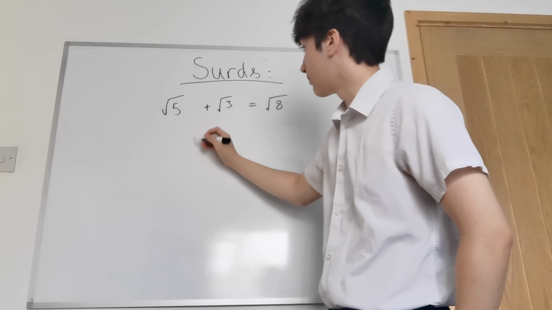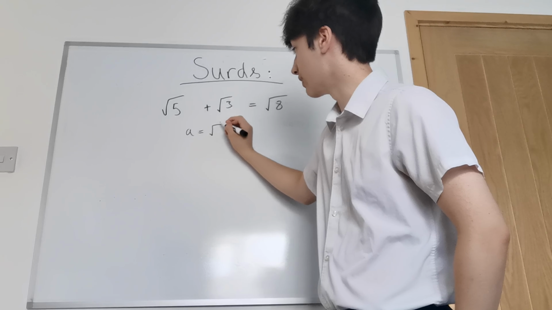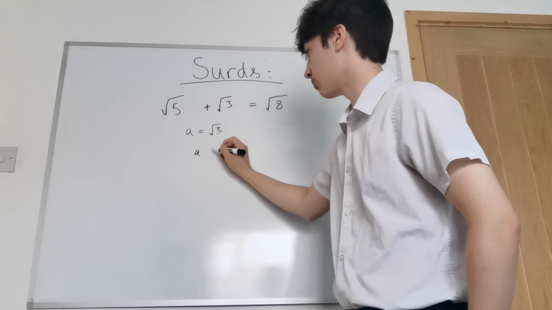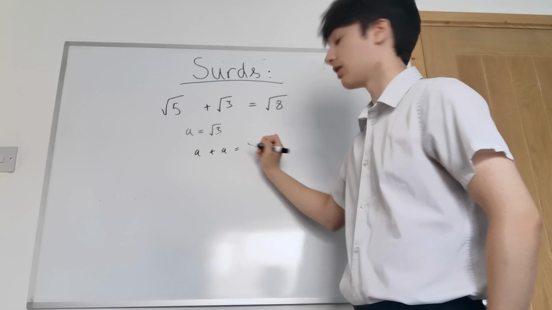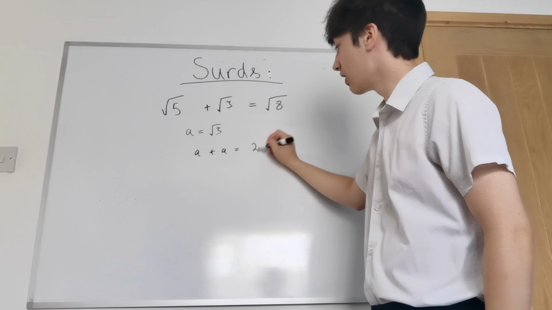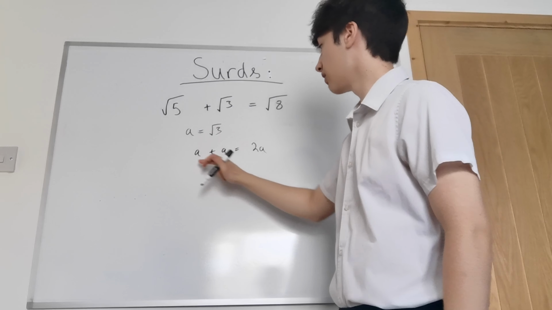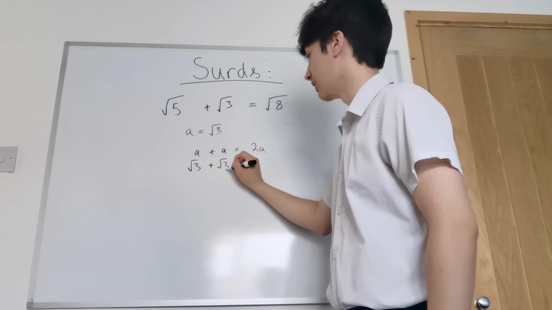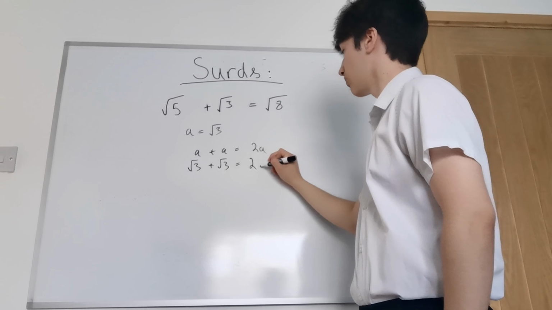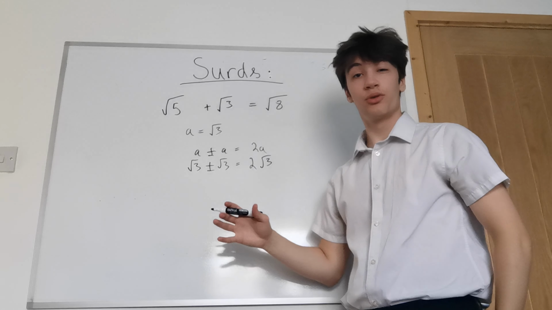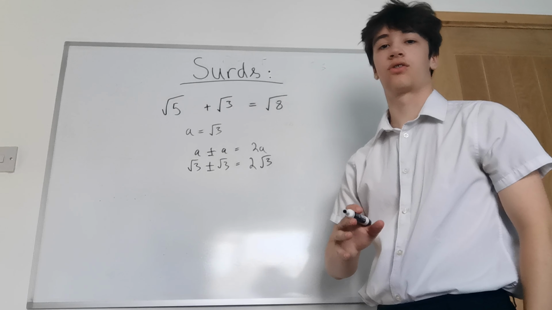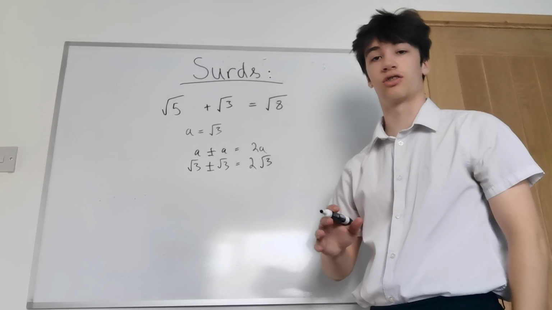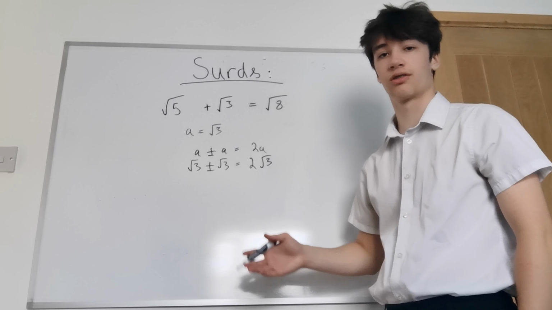If a is equal to root 3, and I do a plus a, that's going to equal 2a. So if I replace the a's, I get root 3 plus root 3 is going to equal 2 root 3. So the rule is that you cannot add or take away surds like you would with normal integers.